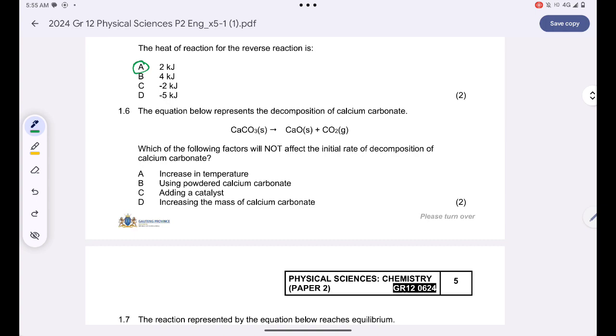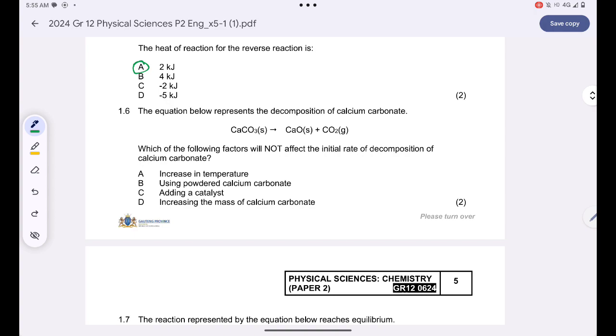The equation below represents the decomposition of calcium carbonate. Which one of the following factors will not affect the initial rate of decomposition of calcium carbonate? Temperature does affect the rate of reaction, so we want a factor that does not affect it.